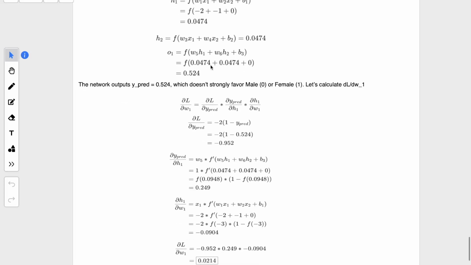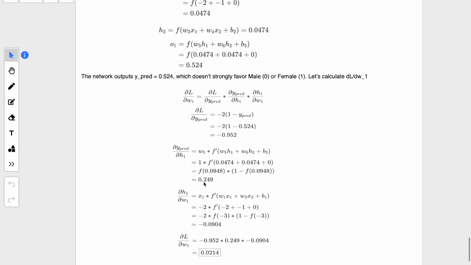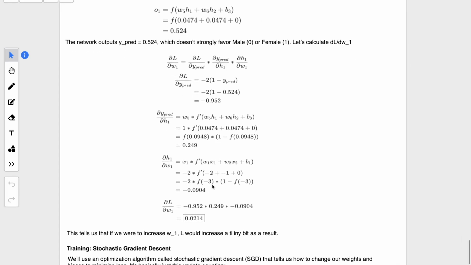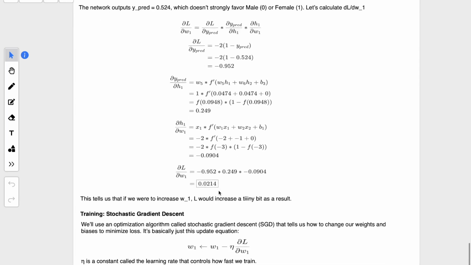Doing the same here turns out to be 0.294. Now delta h1 by delta w1 with the same formula turns out to be minus 0.094. When we multiply all three of them, we get 0.0214.